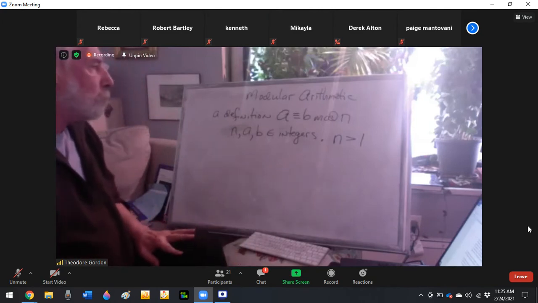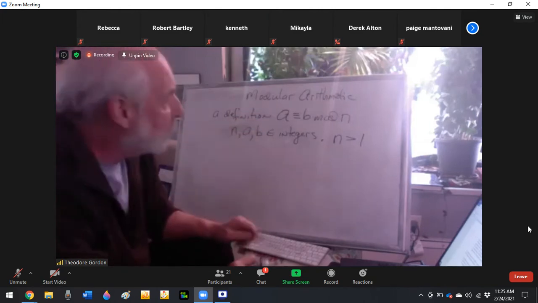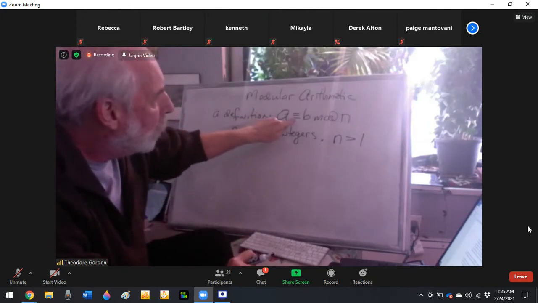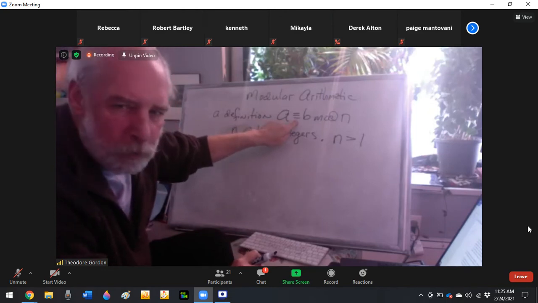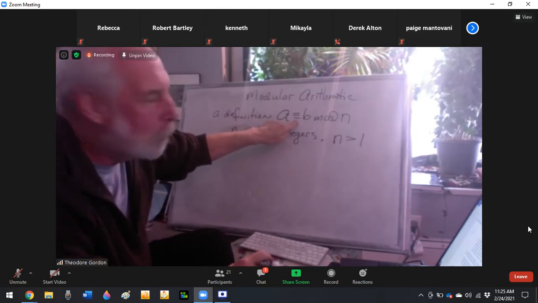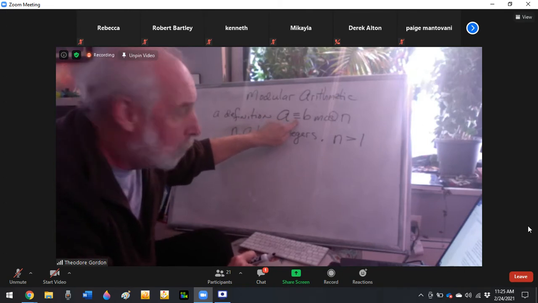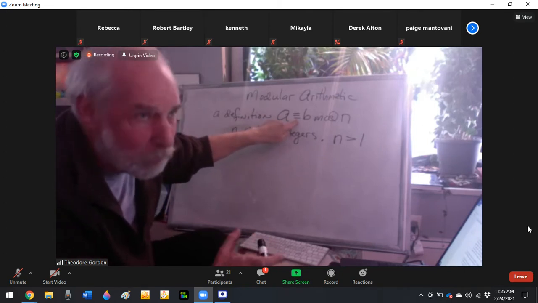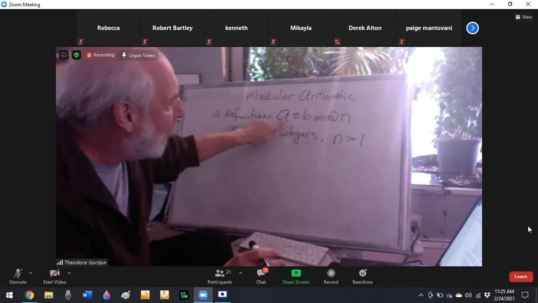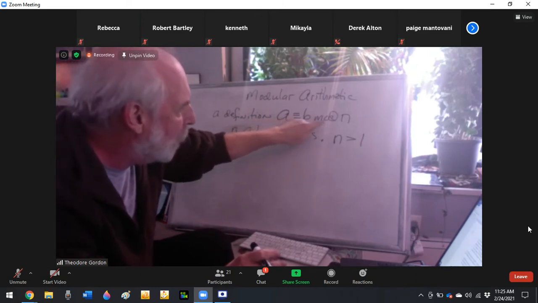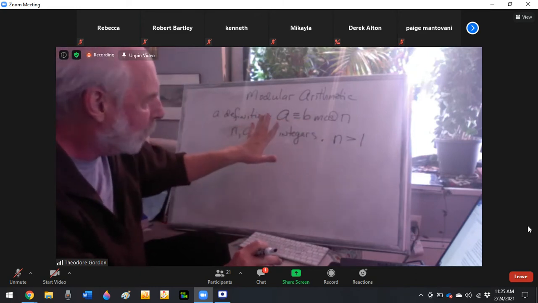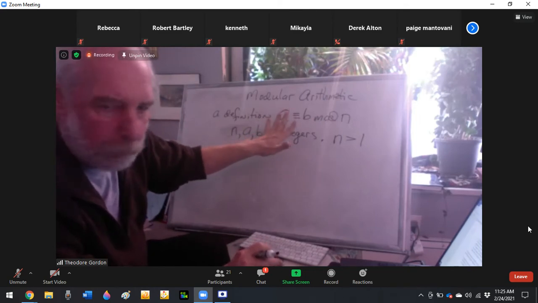Right? So here's how this is pronounced. In this case, that's the symbol for equivalent, but in terms of modular arithmetic, we read that as congruent. So congruent means equivalent. So A is congruent to B mod n. That's a definition of structure here.